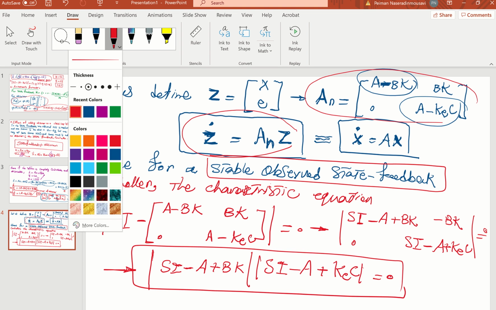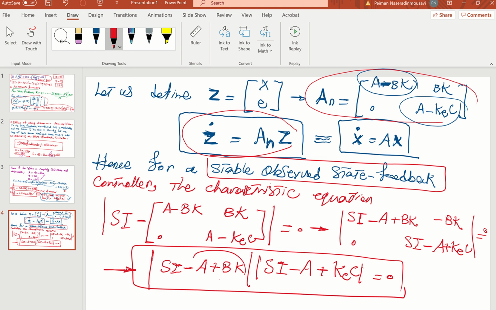So it says these are the poles of state feedback and the pole placement for observer.